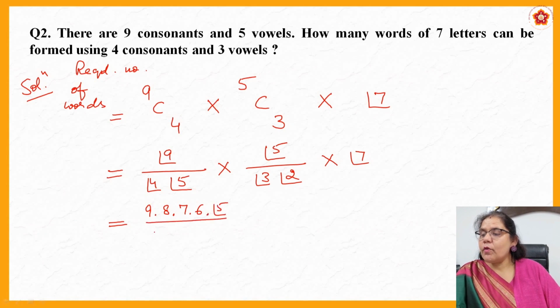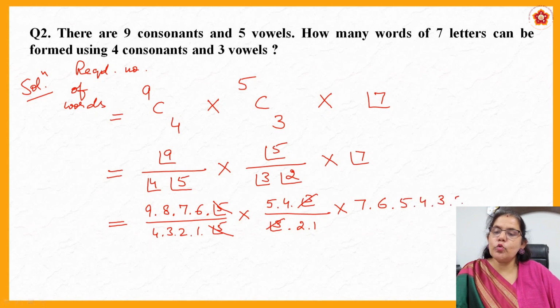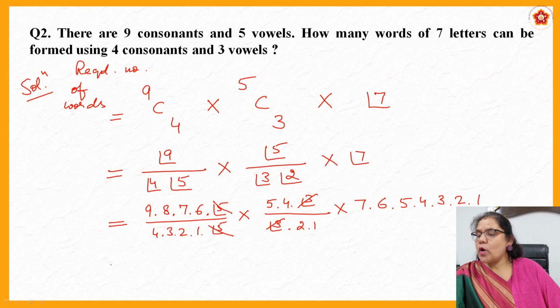And here we have 4 into 3 into 2 into 1 and factorial 5. Same way 5 into 4 into factorial 3, and this side we can write factorial 3 into 2 into 1. So cancel and then see what you get as the answer. 7 into 6 into 5 into 4 into 3 into 2 into 1. Try solving it. You can cancel whatever is getting cancelled.